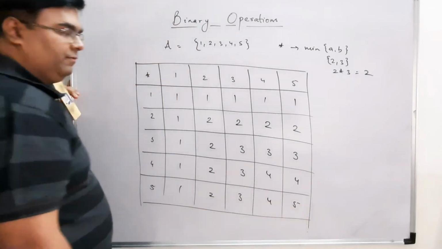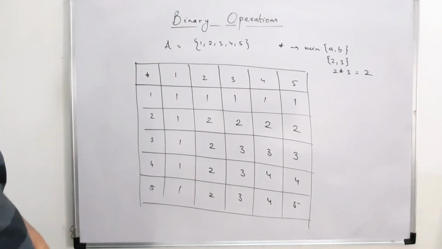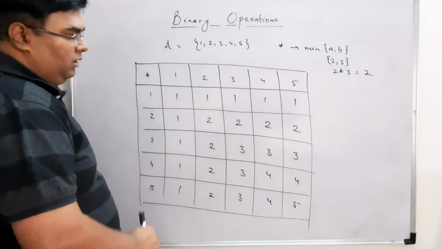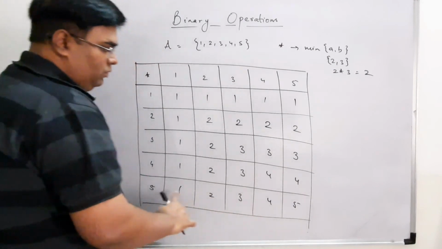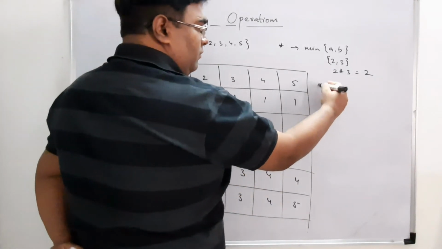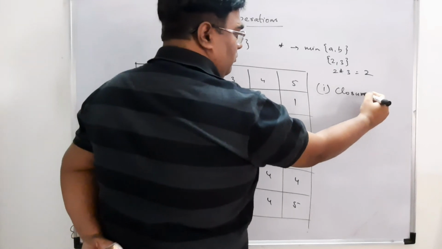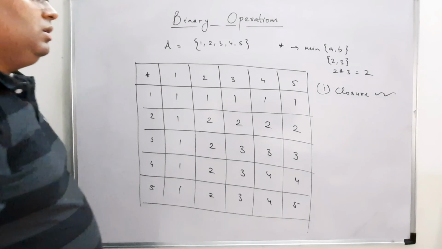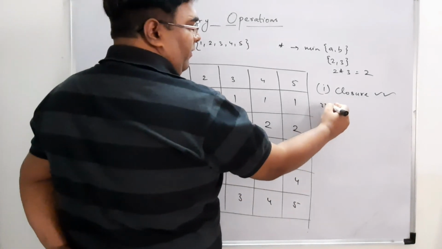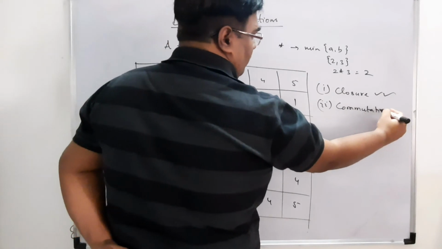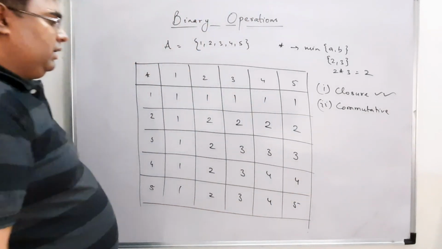Correct? Now let us find out whether it is closed or not. See, all the elements belong to the same set 1, 2, 3, 4, 5. So the closure property it follows. Second, commutative. Let us check.